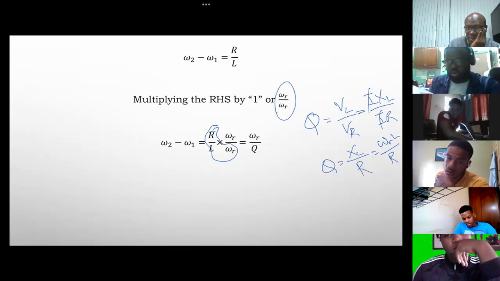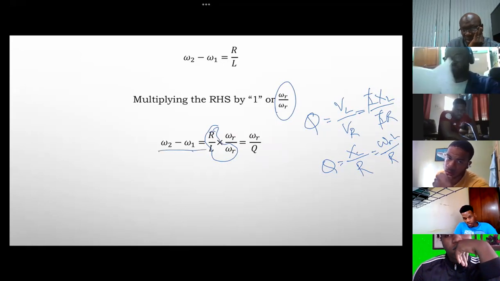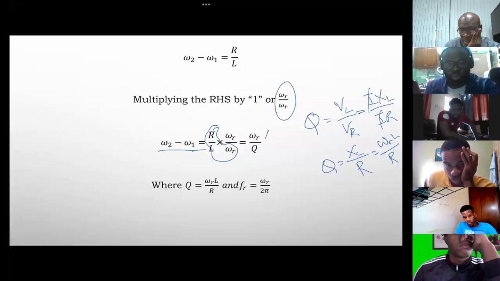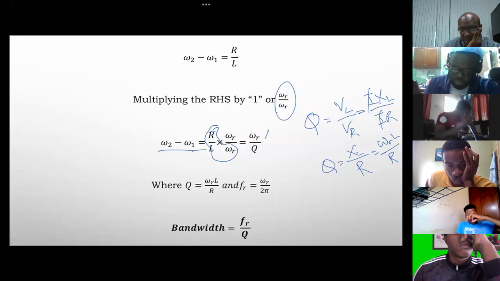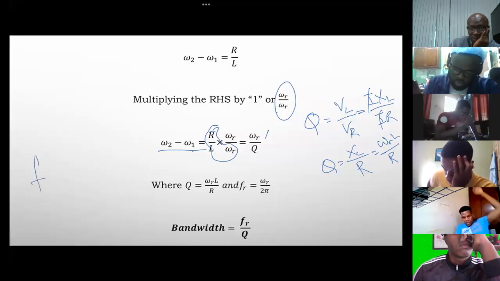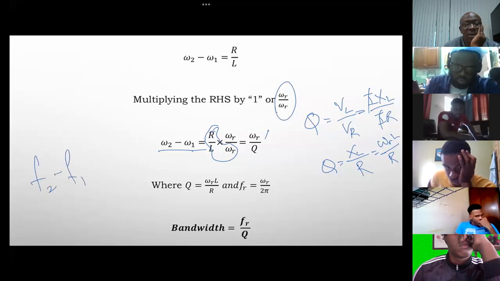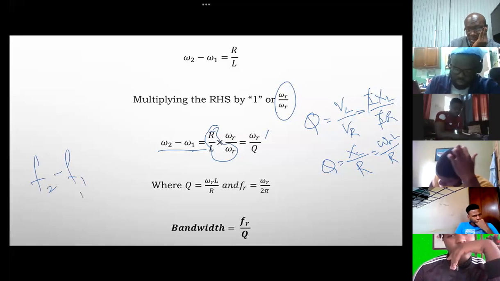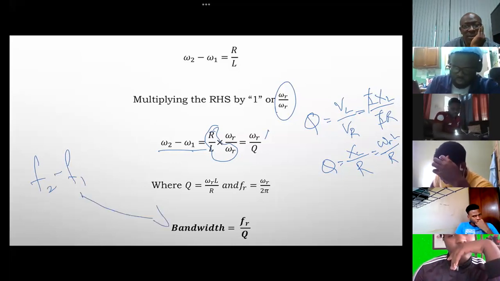So we get omega 2 minus omega 1 equals omega r over Q. What is common about omega is 2 pi. So I can take out 2 pi. And if I take out 2 pi, yes, I would get F2 minus F1. And what is F2 minus F1? We just found that. That's bandwidth. Yes? And omega r over 2 pi is FR.